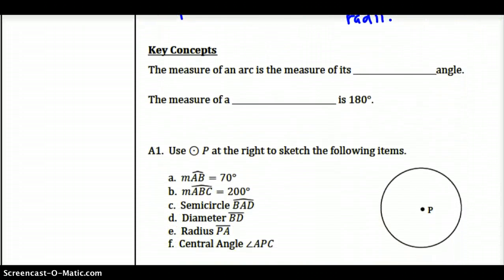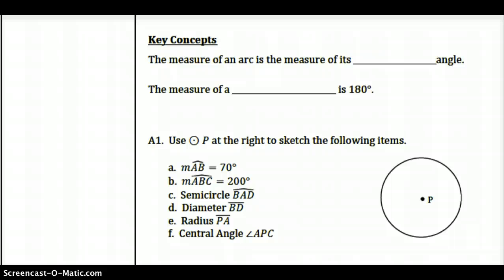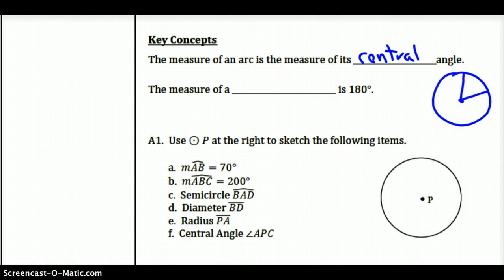That's coming up here. The measure of an arc is the measure of its central angle. So what that means is if we have a circle with a center, and this central angle here is 40 degrees, this arc measure is 40 degrees.